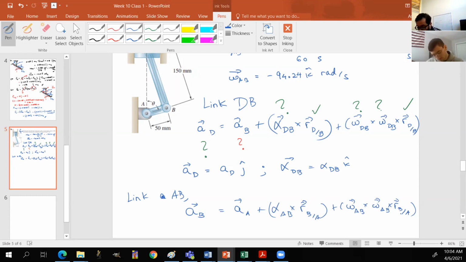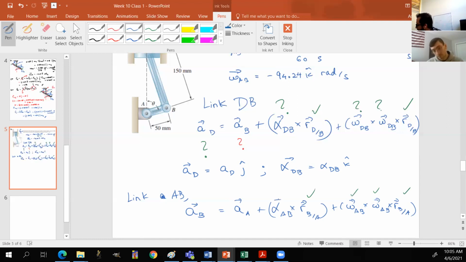Right here, I've got R of B relative to A, geometry, always easy to find. Omega AB is given to me in the problem.